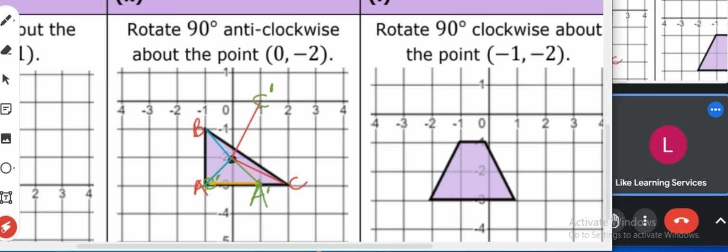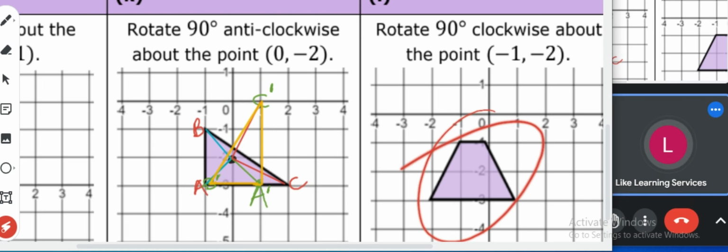A should be joined to C, and A should also be joined to B. Okay, that's what you're doing. And C should be joined to A. Good. So that's it. So this is the rotated shape anti-clockwise.